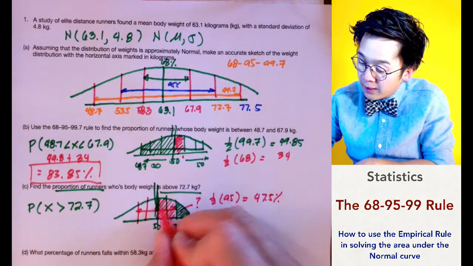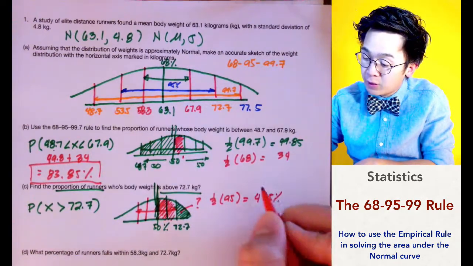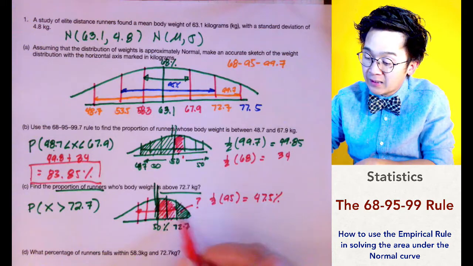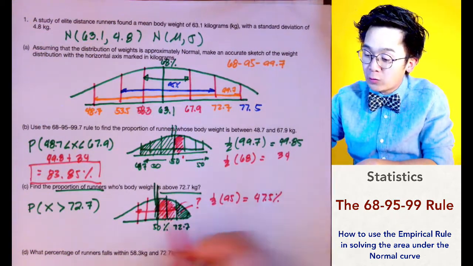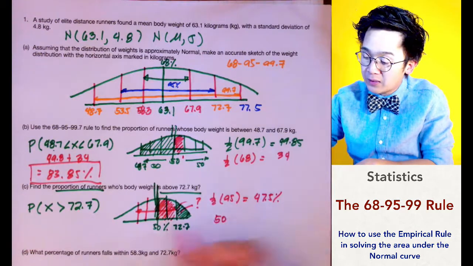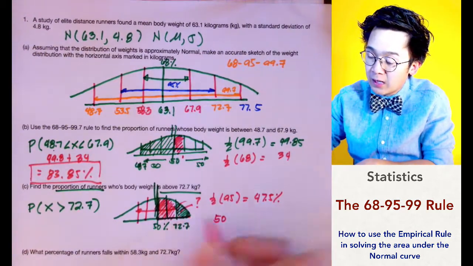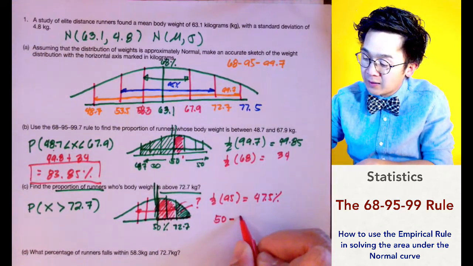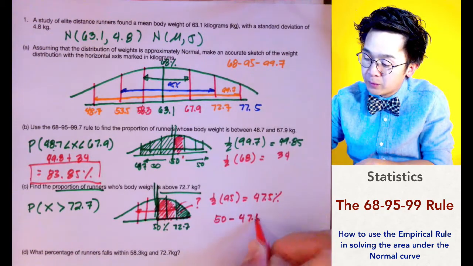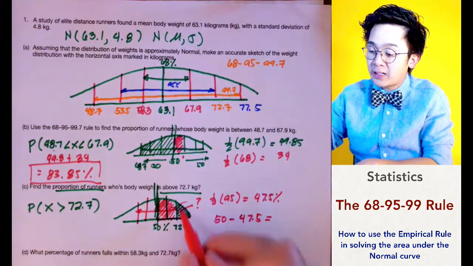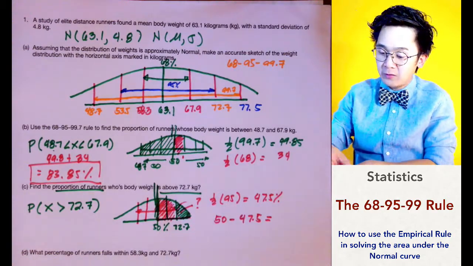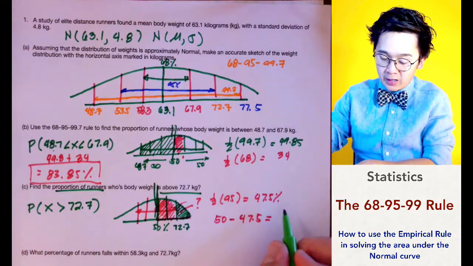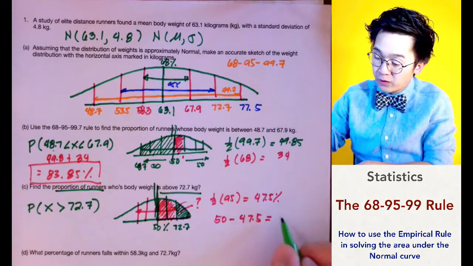So, itong area na to ay 47.5%, at since kailangan natin is yung area na green, ang gagawin lang natin is kukunin natin yung difference ng 50%. Since from here to here ay 50%, subtract natin sa 47.5%, at yun yung area na kailangan natin. So, gamit uli ang calculator, 50 minus 47.5 will give us 2.5%.